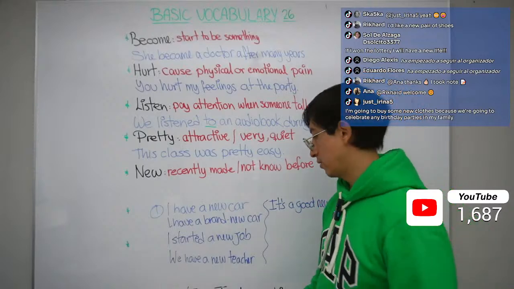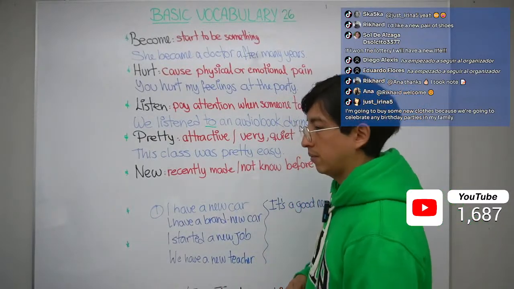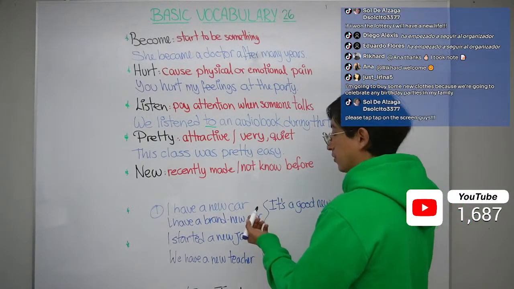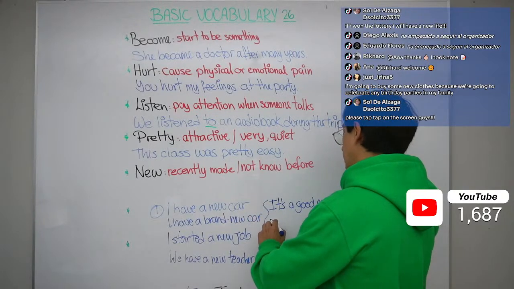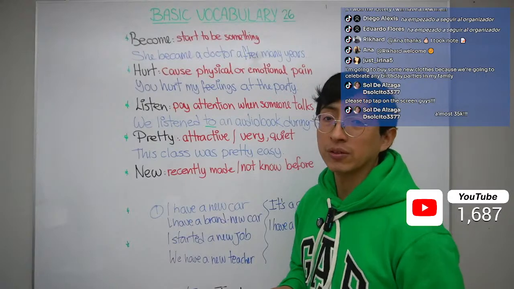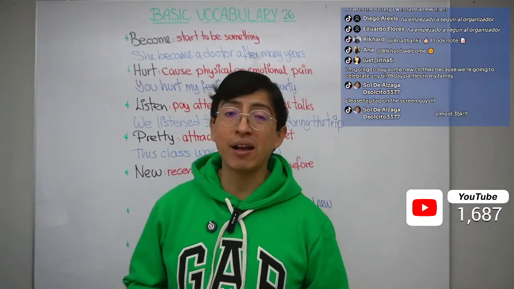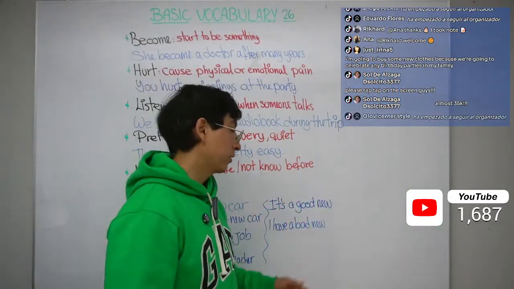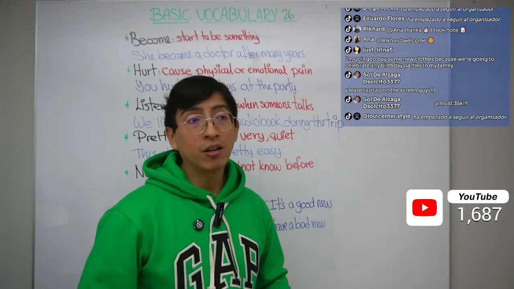What else can we say here? Okay, the opposite, no? I have a bad news. Yes, that is the opposite. Oh, I'm really sorry, but I have a bad news. You can say, oh, my team lost.